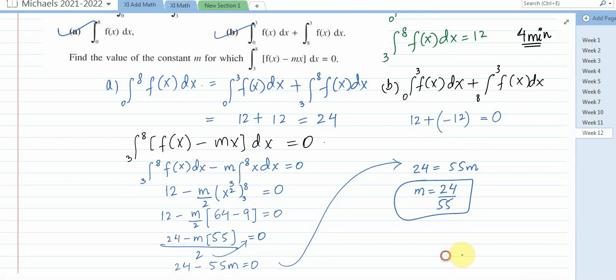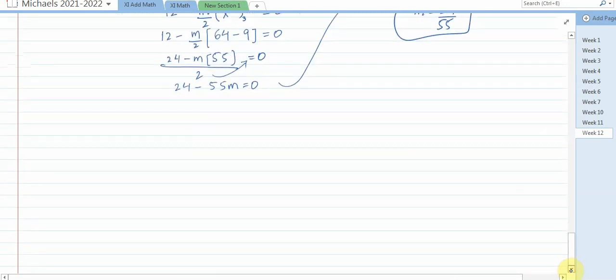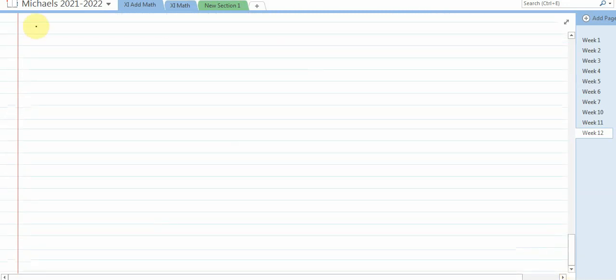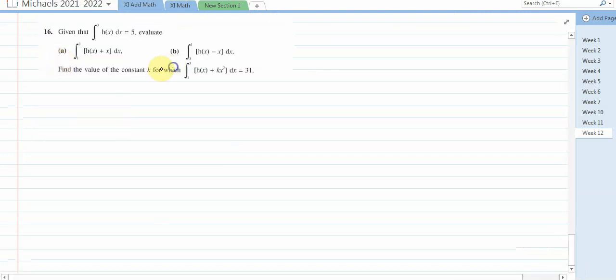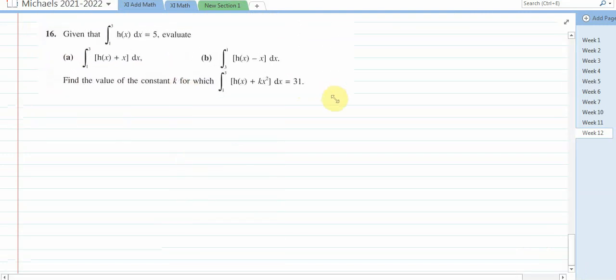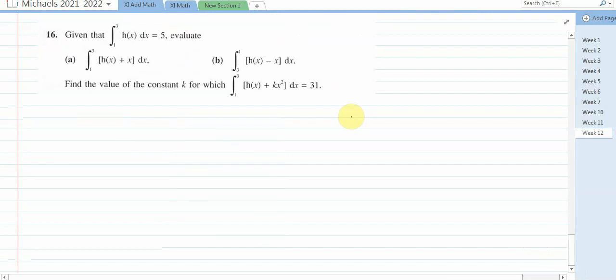Alright, now next question, and I hope that you can attempt this question, and most of you can do both of the parts or maybe all three parts. So it says that the integral from 1 to 3 of h of x dx is equal to 5, that is given, right?